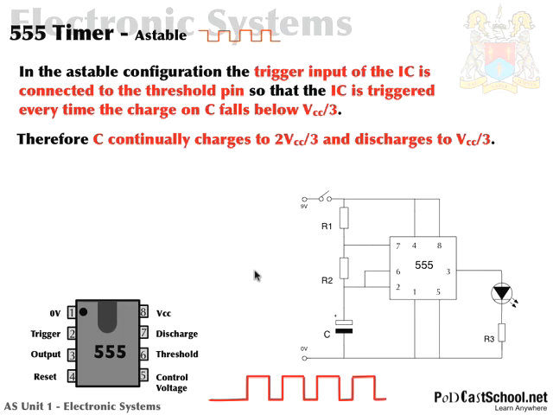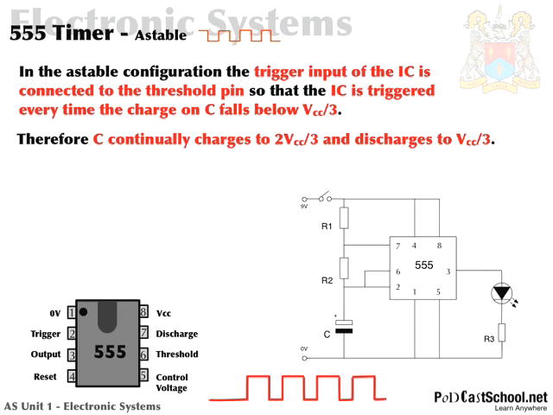Remember also that the threshold pin, pin 6, is almost like it's keeping an eye on things. It's a sensing pin as well. When the voltage on C rises to 2/3 of the supply voltage, the output is set to high, just as it was in the monostable state.